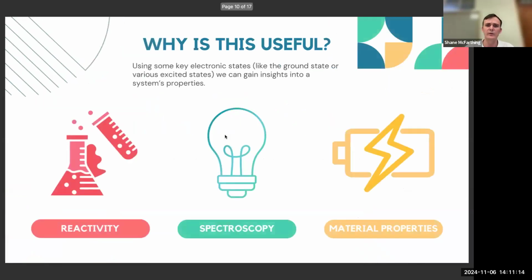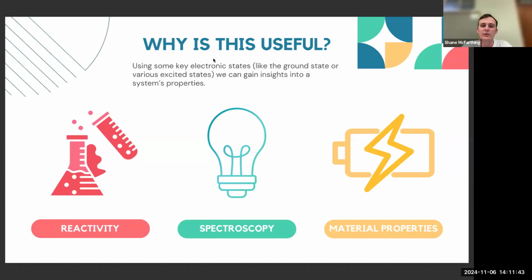The reason why we do this is that it can help us gain insights into the properties of the system. For example, specific states like the ground state or various excited states can give us some insight into the reactivity of a certain chemical system, and into the spectroscopy of certain systems, where we can look at the absorption and emission of light.